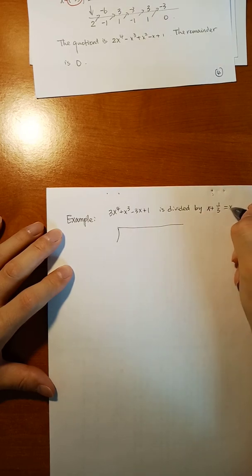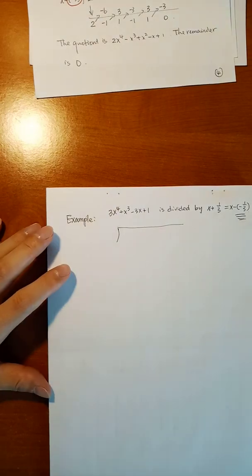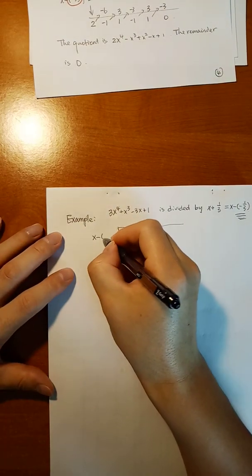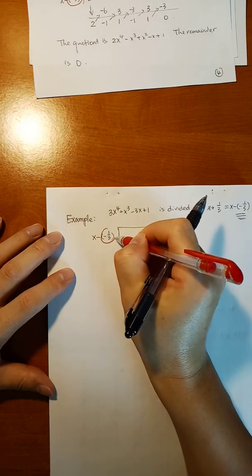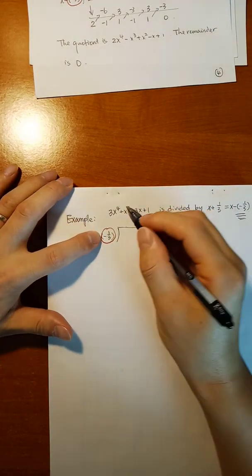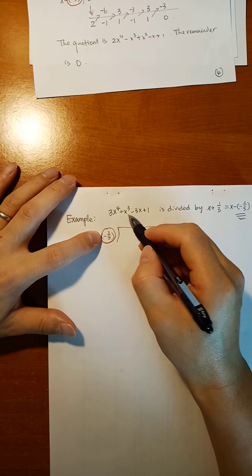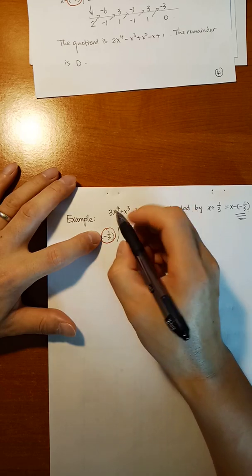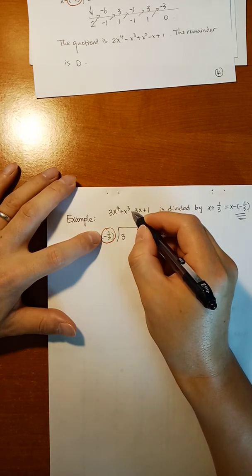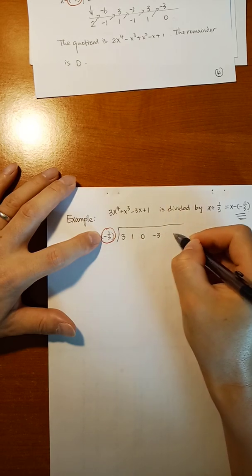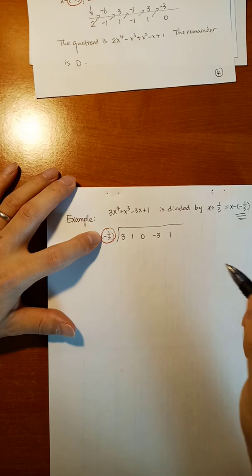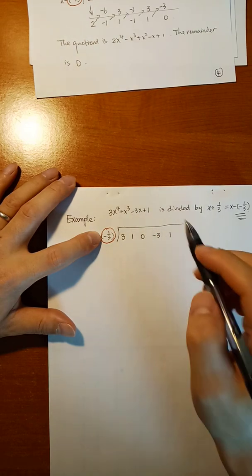Here it is x minus negative 1 over 3. Okay, you have to write this step. So you get x minus negative 1 over 3. And then you're going to copy the coefficients of the dividend here. It's a 3. The x squared term is missing. Be careful. 1, 0, negative 3, and a 1. The x squared term is missing, so you have 0.